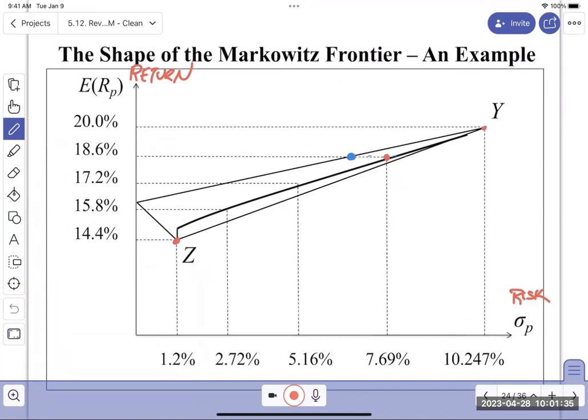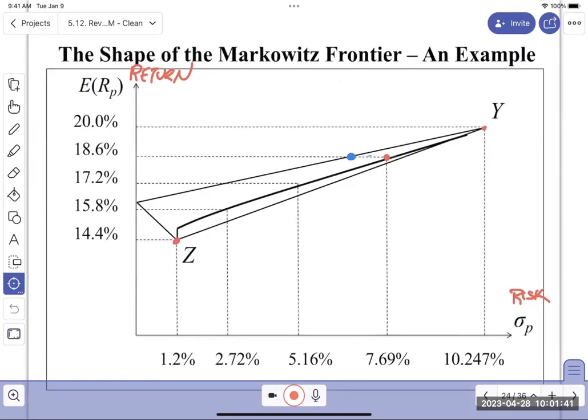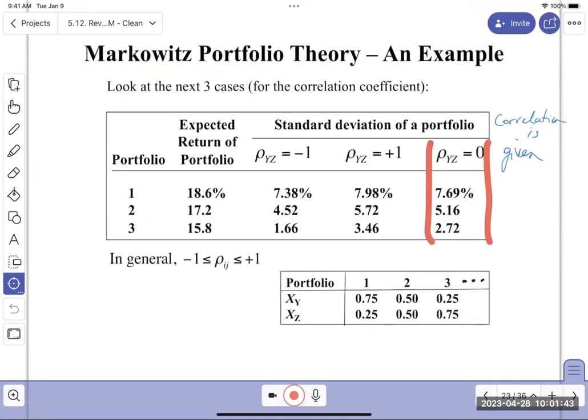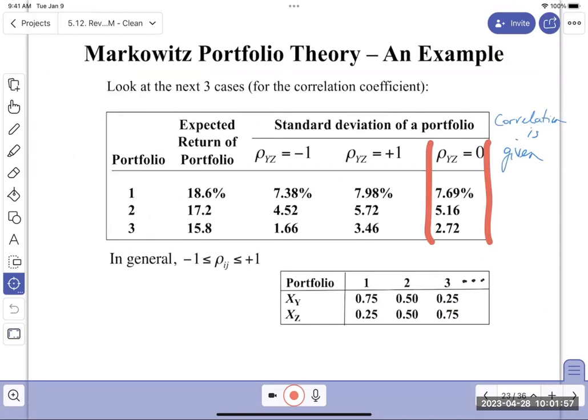Well, let me do the blue then. Okay, so then the blue one is, okay. So the blue one is this one.